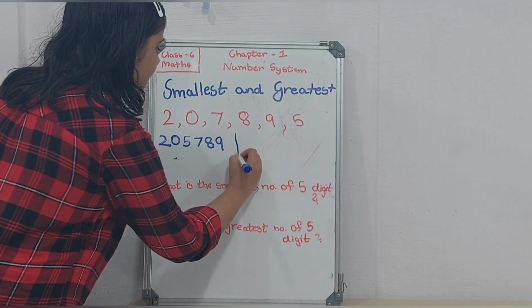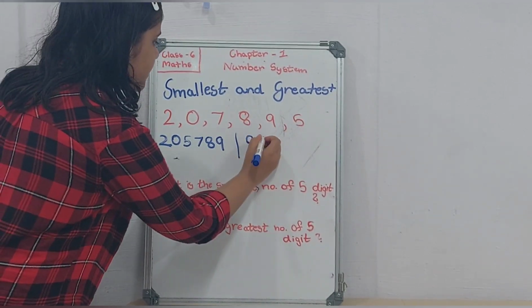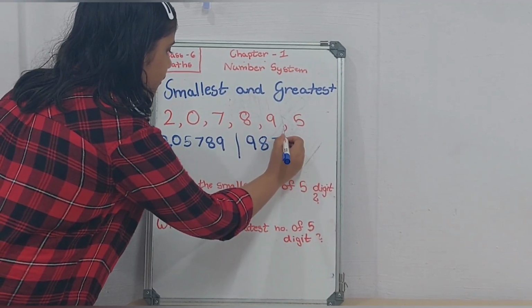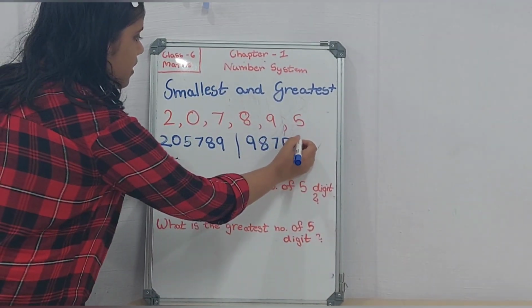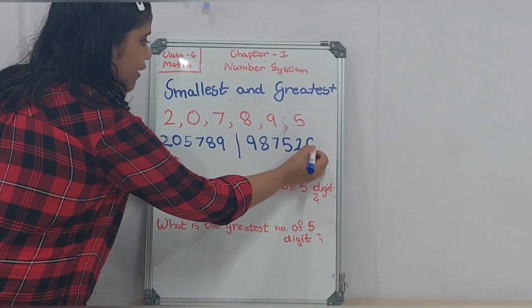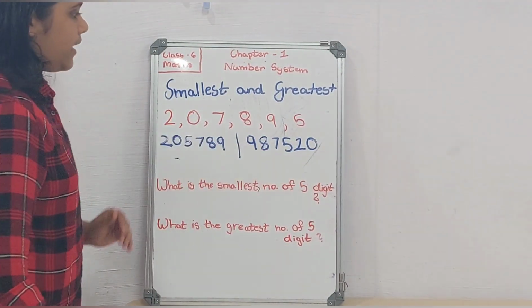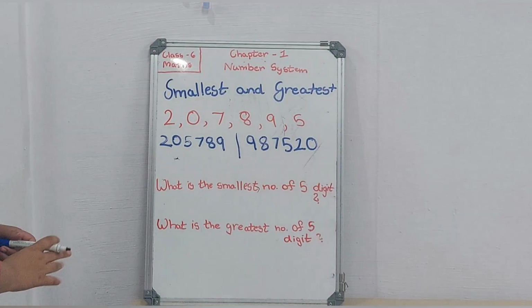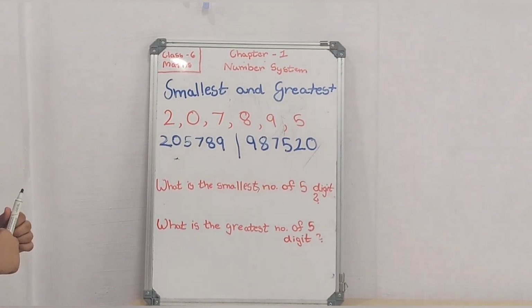So I'll just give a gap here. Okay, 9. Then which is the greatest? 8, 7, 5, and then we have 2. Okay, so no need to worry about 0 when you write the greatest because it has a meaning here when we put 0 at the end. Okay, now I hope you understood how to form the smallest and the greatest using the digits.